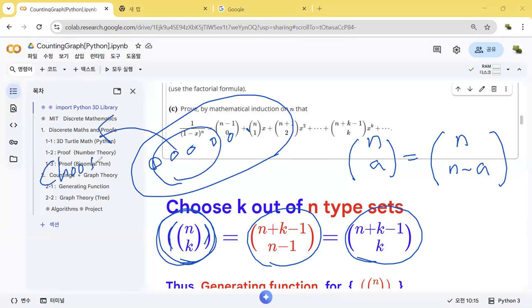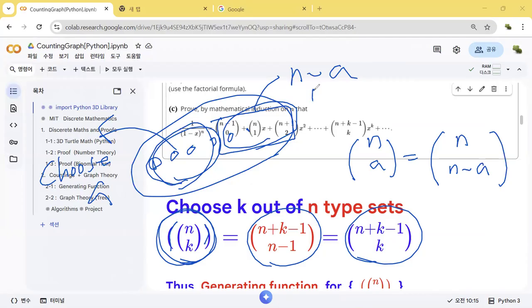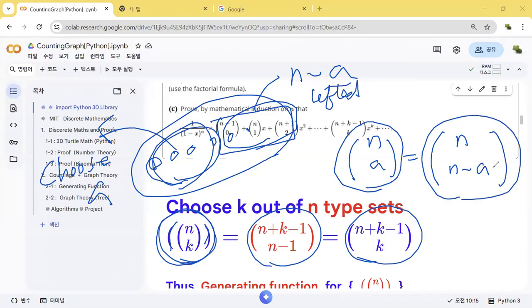But if you take out this one, what is left out is n minus a. So from an n set, choose a means choose a and leave out n minus a simultaneously. Because if you take out a, then the n minus a is left out. Okay, so that's the reason why the possible number of n choose a is equal to n choose n minus a.